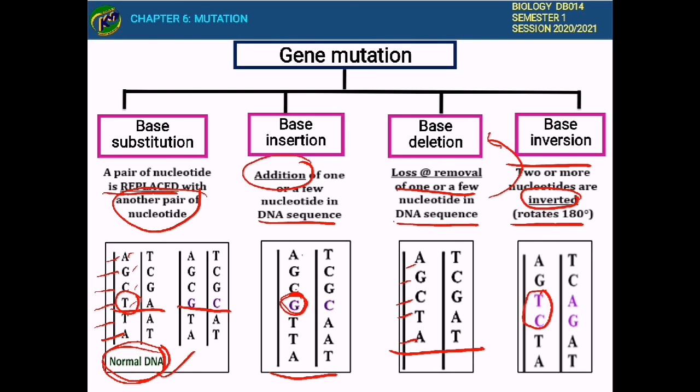Supposedly C is up here and T is down here. So when there is a rotation, T goes up and C goes down. So when it is inverted, T will pair up with A and C will pair up with G.